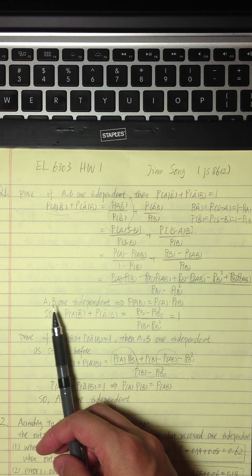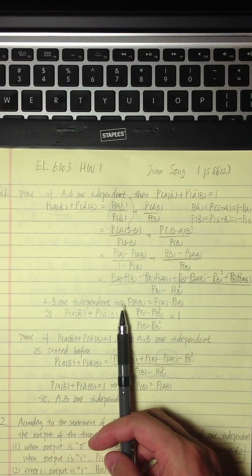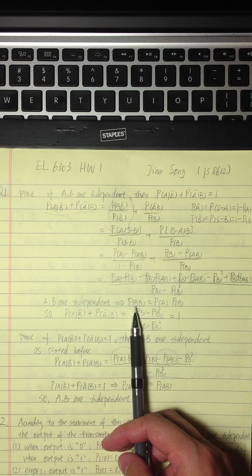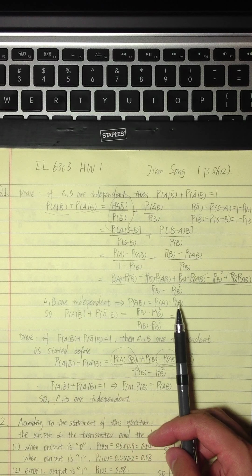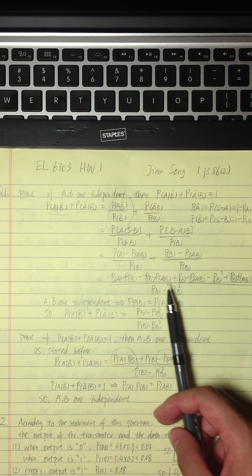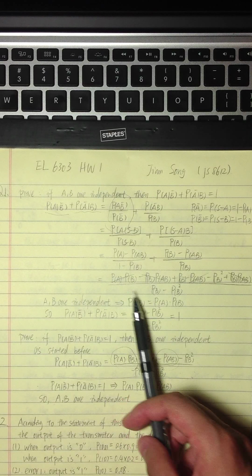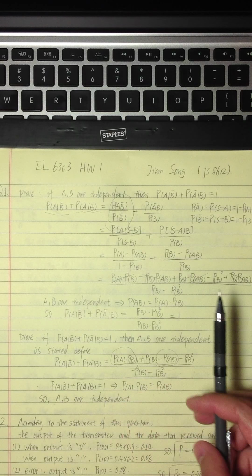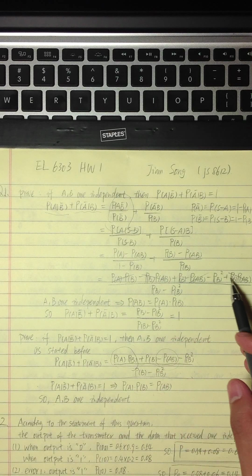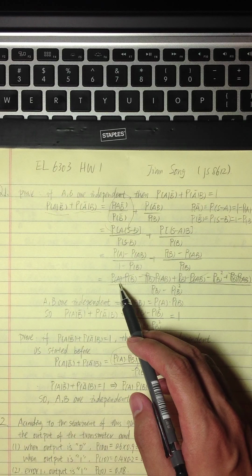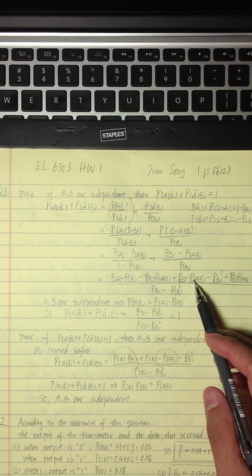We assume that A, B are independent. According to the definition, we know probability A times B equals probability A times probability B. So in the numerator of this fraction, we can see that these two parts are cancelled, and according to the independence, these two parts are cancelled as well.